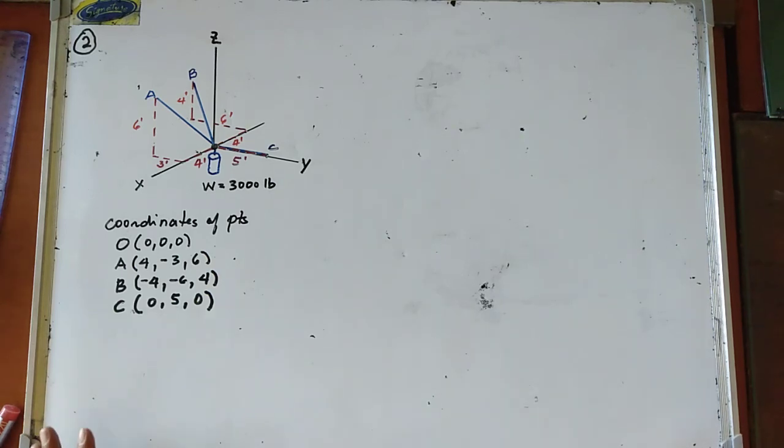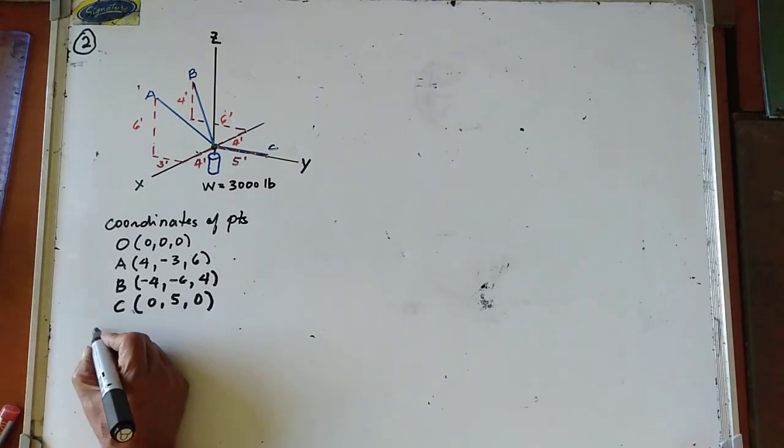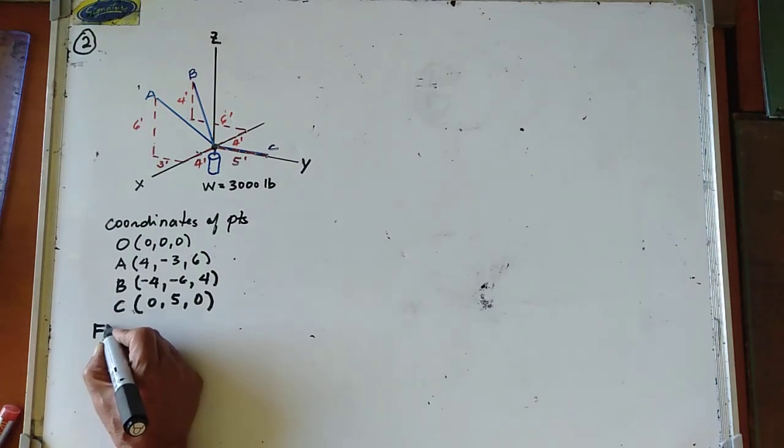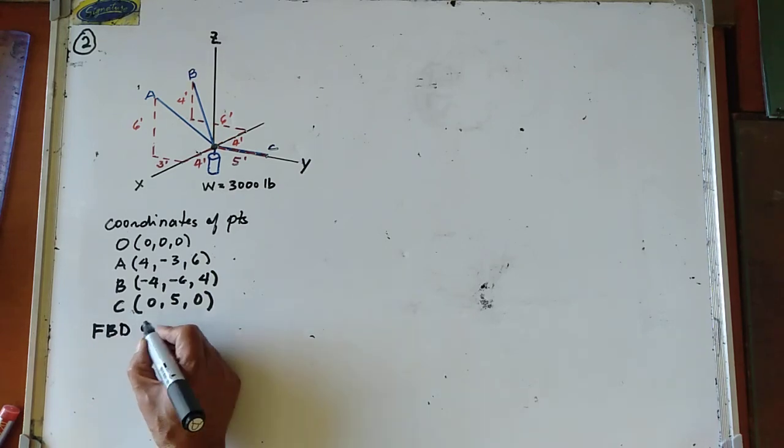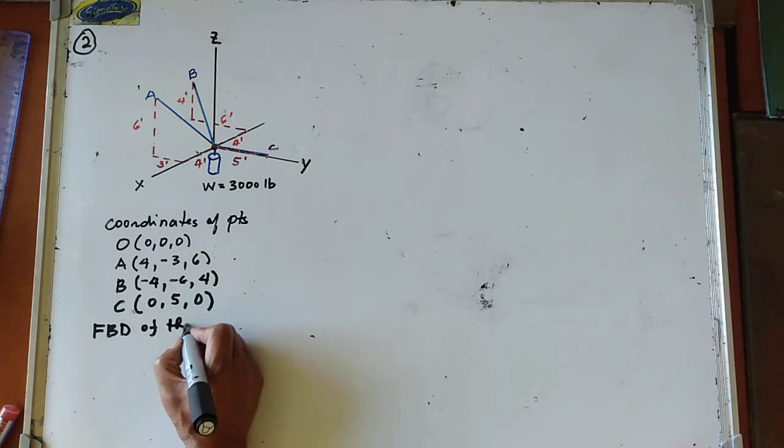So, let us start getting now the tension in each cable: cable A, cable B, and cable C. Let us draw the free body diagram of the cylinder.